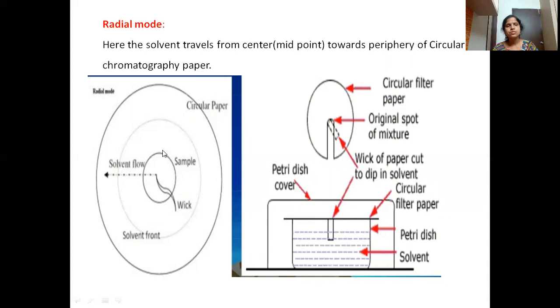It will flow circularly throughout the filter paper because we have taken a circular paper. So this is the direction. From the center, the solvent will be moving towards the circumference of the paper. While it is moving towards the edge, it is interacting with the sample loaded here and then the separation is taking place.